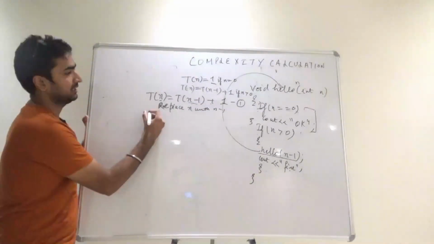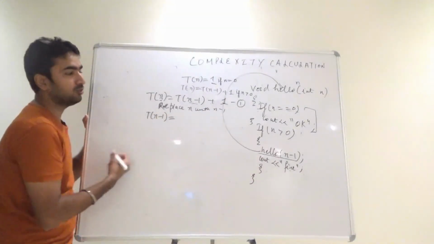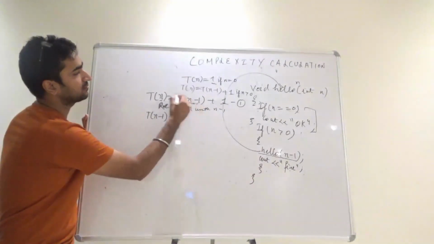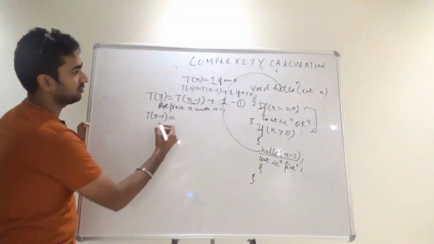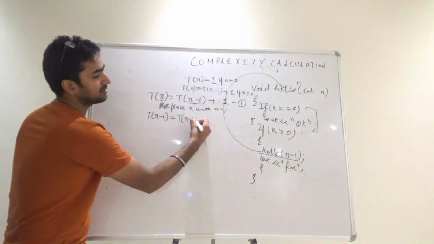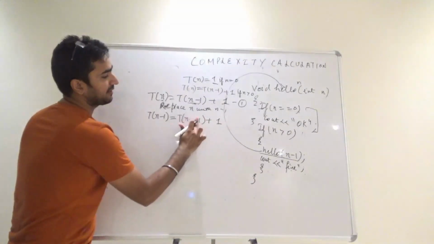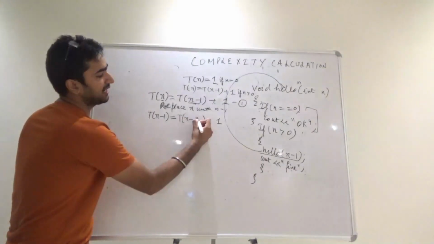I will get T of n minus 1 is equal to, I am just putting this n minus 1 in place of n, so it would be T of n minus 1 minus 1 plus 1, I can write it as T of n minus 2 plus 1.